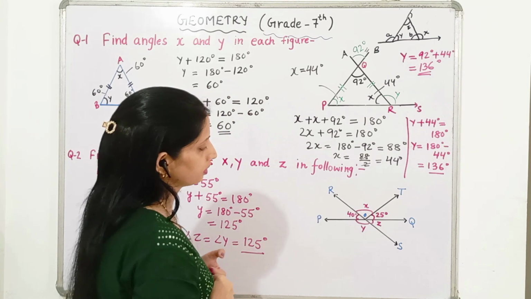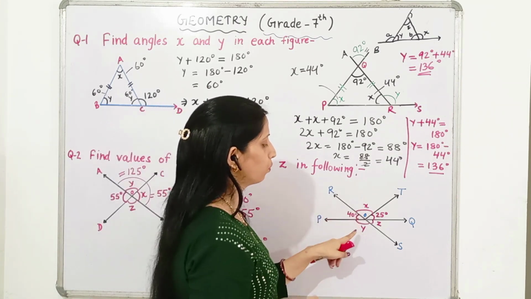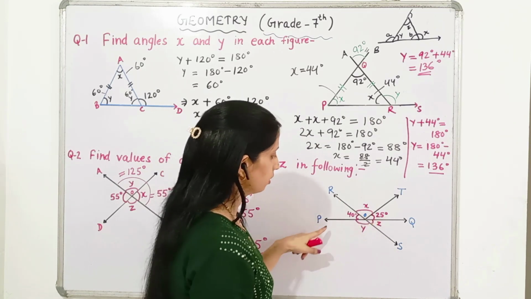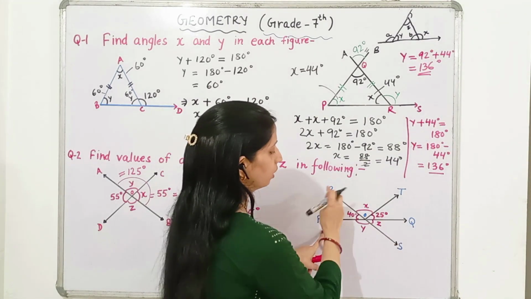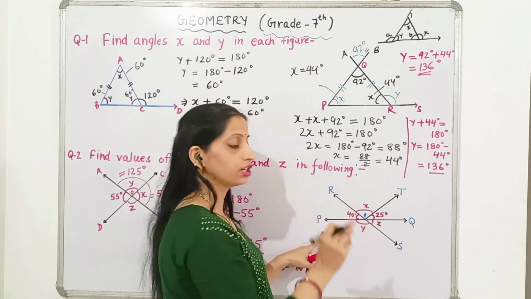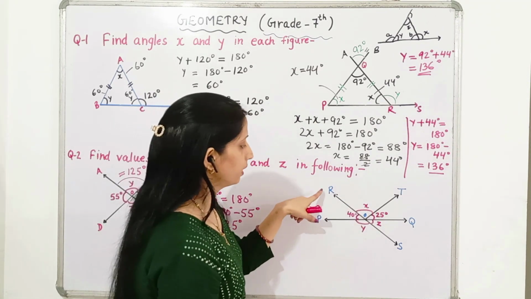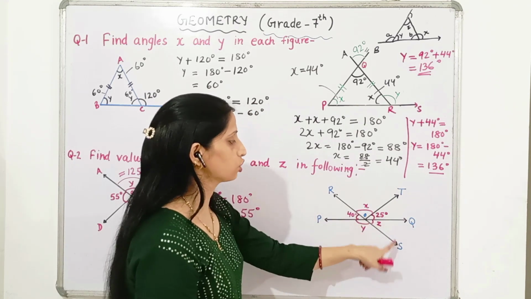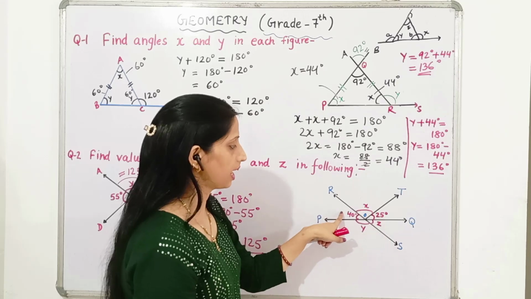In this you can see that we have to find the values of x, y and z, and we know these two angles, okay. RS and PQ are two lines which are intersecting each other at point O. So the pair of angles ROP and QOS will be equal because this is a pair of vertically opposite angles.